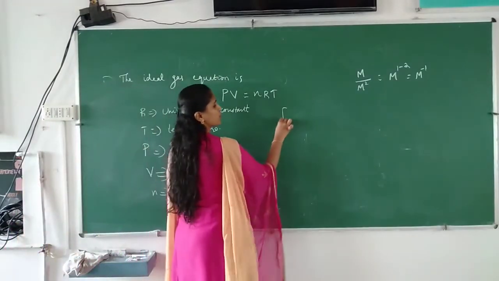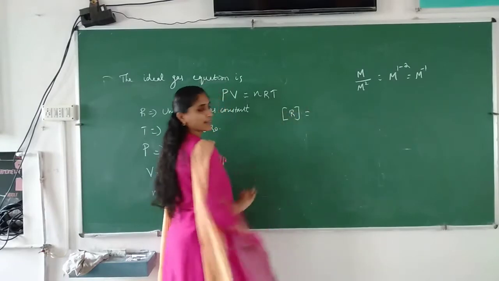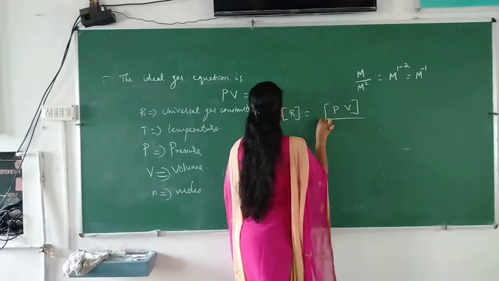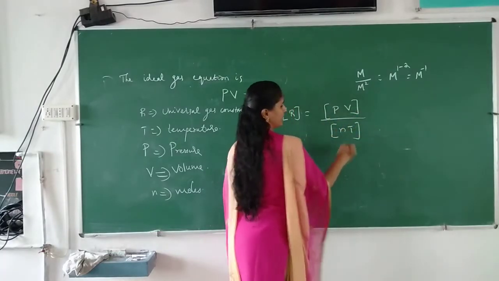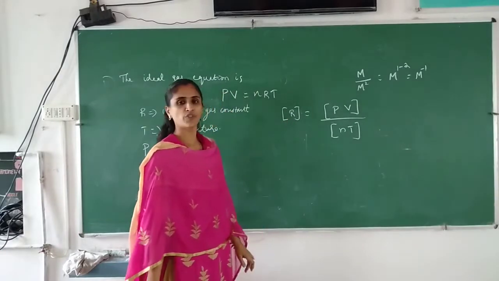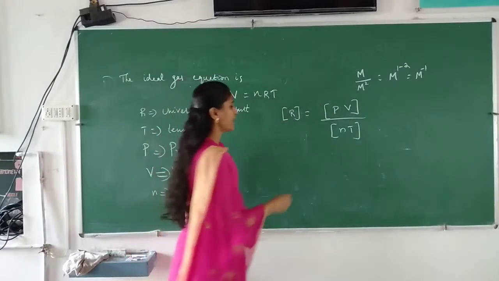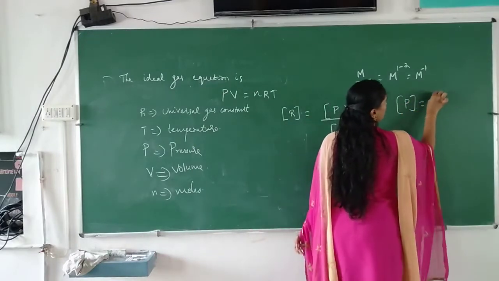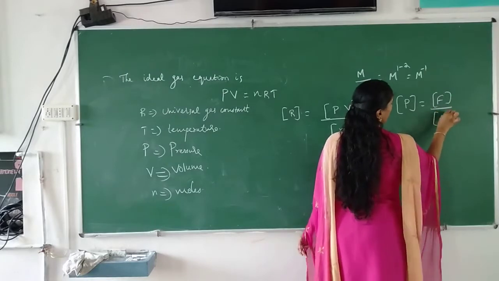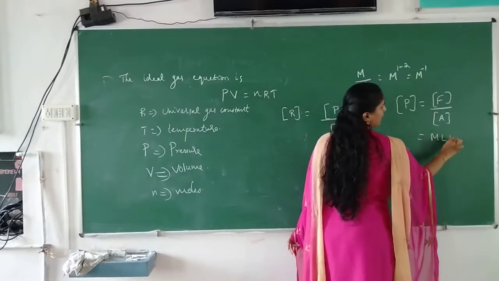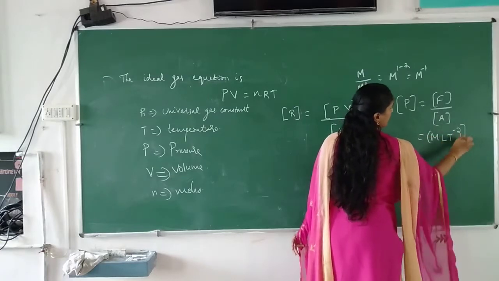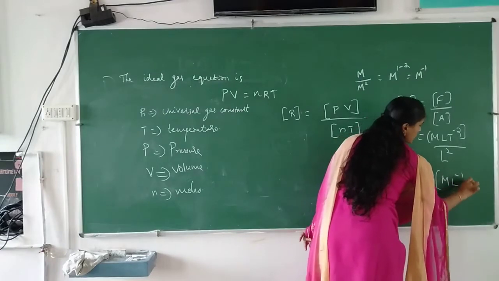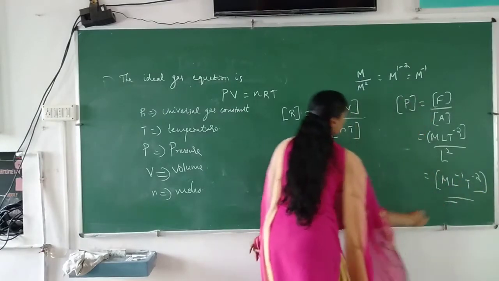So how to find the dimension of R? The dimension of R is equal to the dimension of PV divided by the dimension of nT. And what is the dimension of P? Pressure is equal to force divided by area. So you can write M L T raised to minus 2 divided by L square, and you will get M L raised to minus 1 T raised to minus 2.